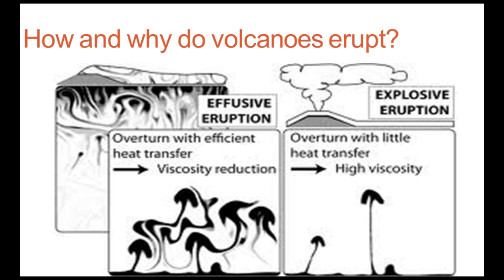Now there are actually two styles of volcanic eruption: explosive and effusive. You see the words here on the slide, effusive and explosive. So get those in your notes. Now, in an explosive eruption, rapidly escaping gas bubbles rip apart the magma into fragments.